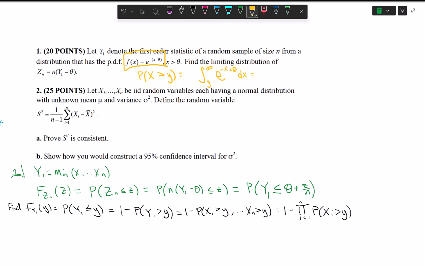Okay, so that's going to be negative e to the negative (x plus theta), from y to infinity. Plug in the infinity, you get 0. Plug in the y, you get e to the minus (y plus theta).